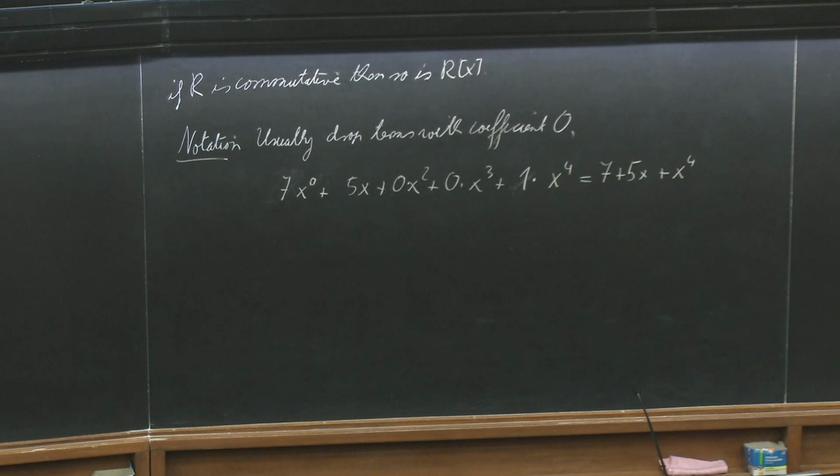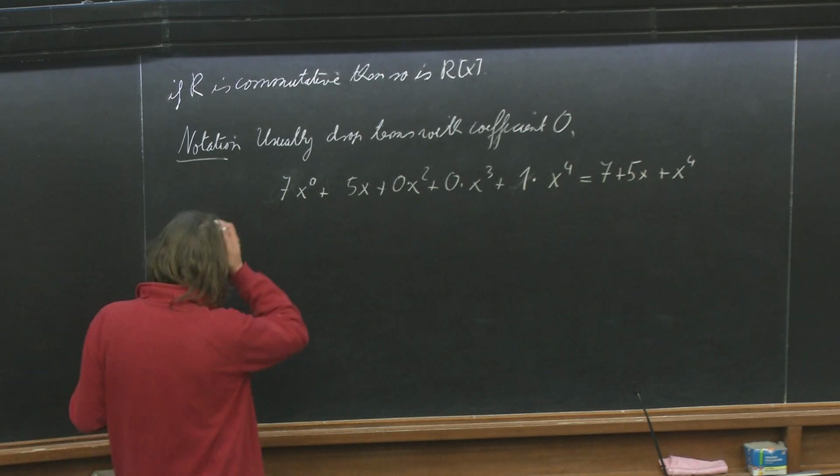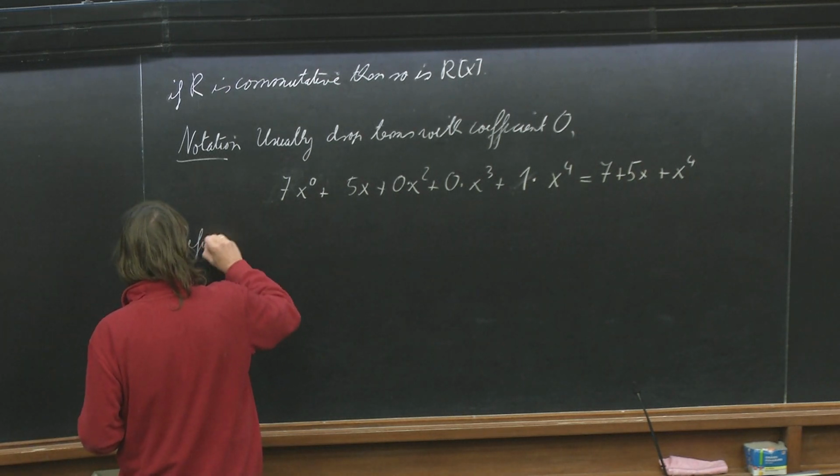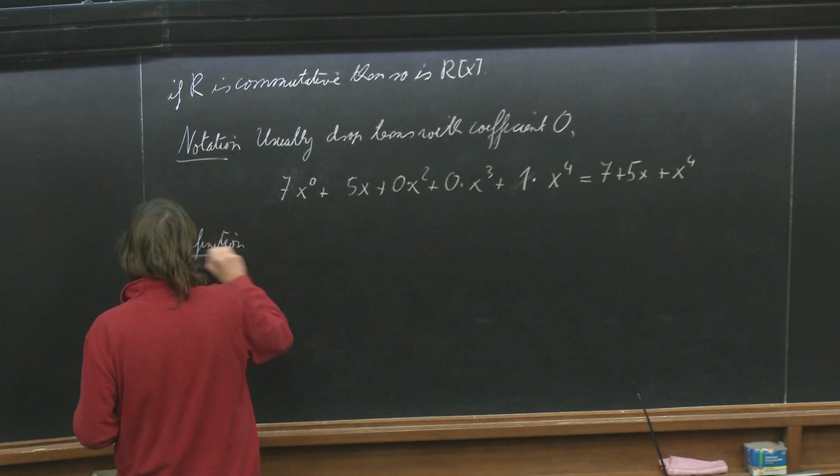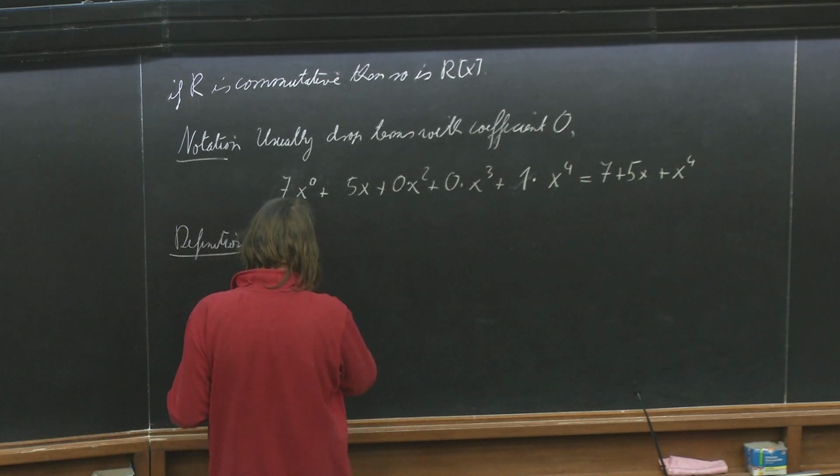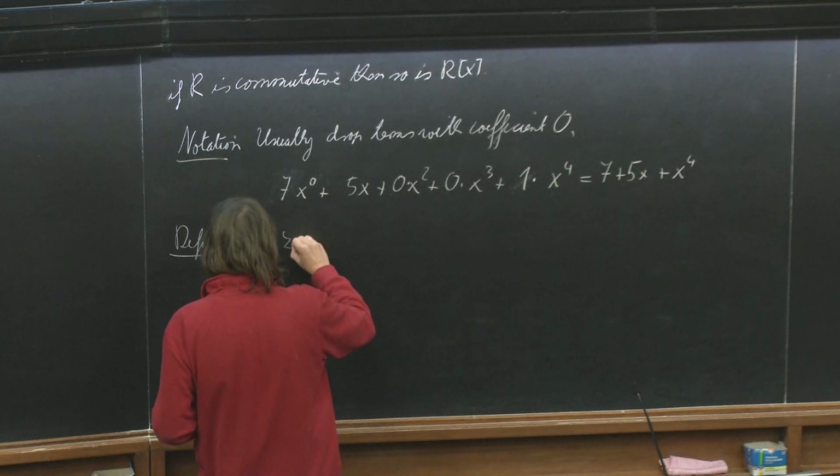So one important invariant of a polynomial is its degree. It's the highest power i for which the coefficient a_i is non-zero. Let's introduce this. Let f be a non-zero polynomial.